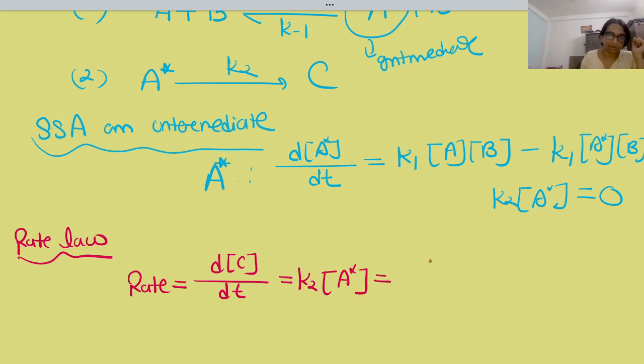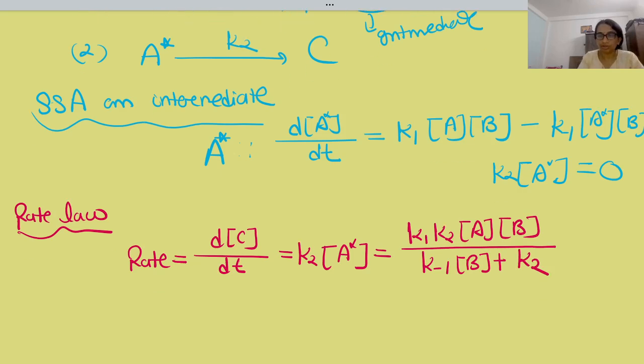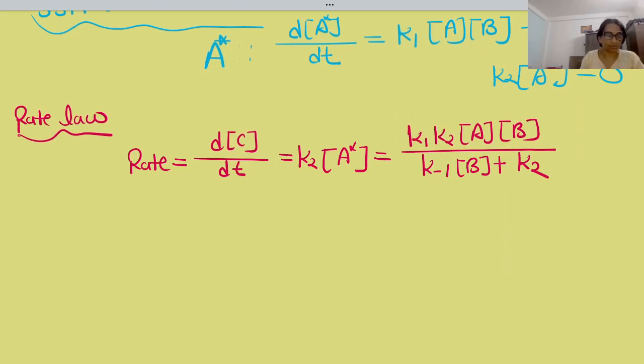Putting the value from this equation, we can write K1 K2 [A][B] divided by K minus 1 [B] plus K2. Now there are two conditions here, case 1 and case 2, because the values of the rate constants differ.